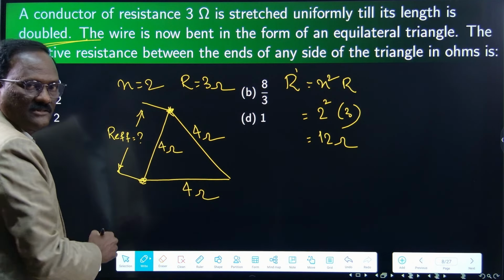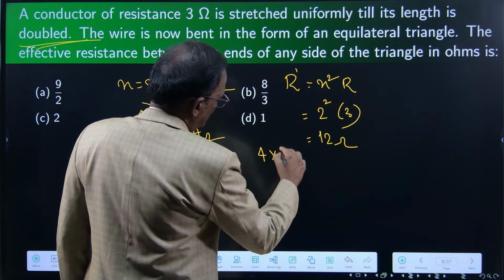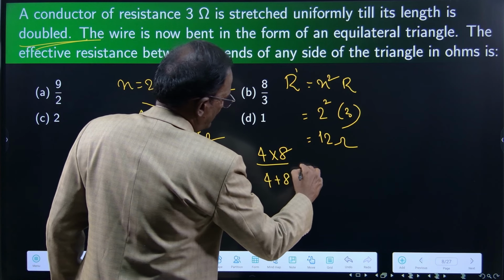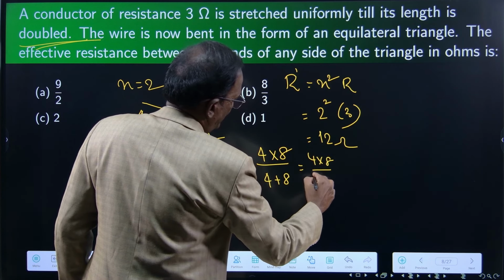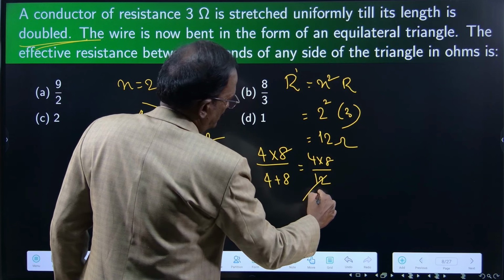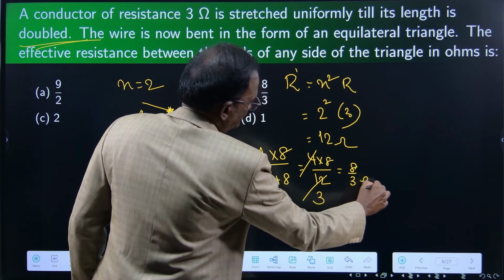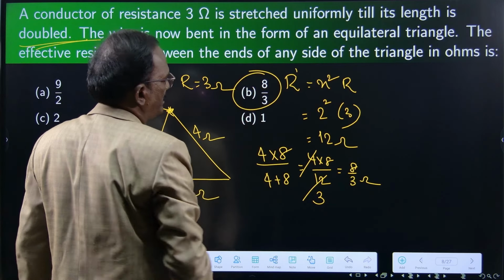So these two are in series, and it is coming in parallel. So 4 into 4 plus 4, 8, divided by 4 plus 8. It is 4 into 8 divided by 12. This is 3 and this is over. So 8 by 3 is the answer. Option B is correct.